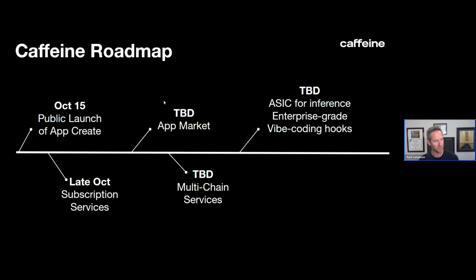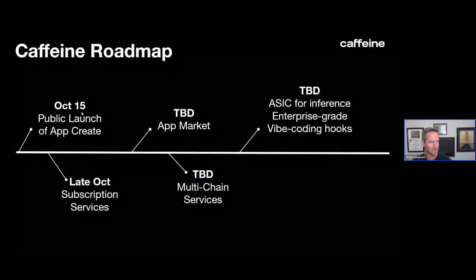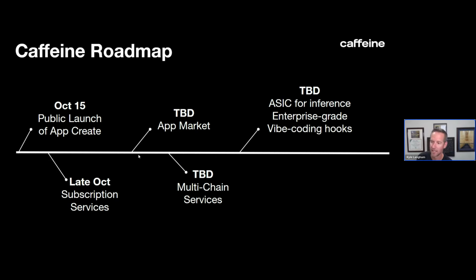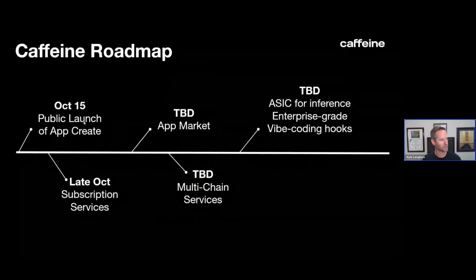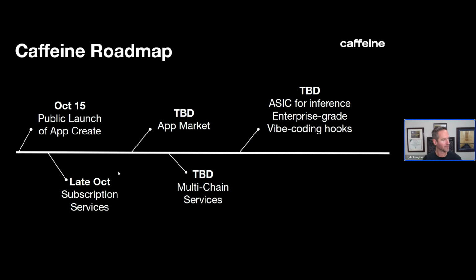All right, so we have some questions on the roadmap. As it is now, the public launch is scheduled for October 15th. At that point, I think anyone can use Caffeine. I don't know if there's any gating we'll have on that public launch, but that's the last I'd heard for when that's coming out. There will be a subscription service launching soon.